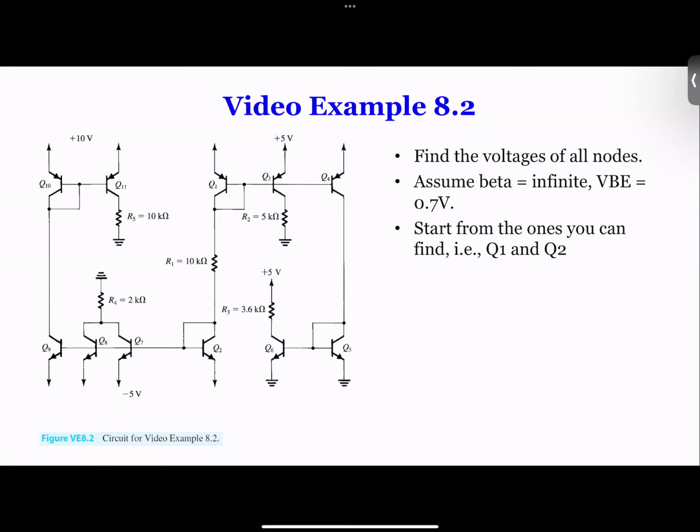In this case the collector is connected to the base, right? So we can find 0.7 volts. Let's call this V1. Can you guys find V1 quickly?